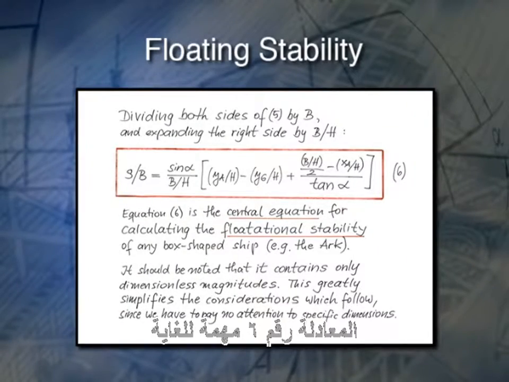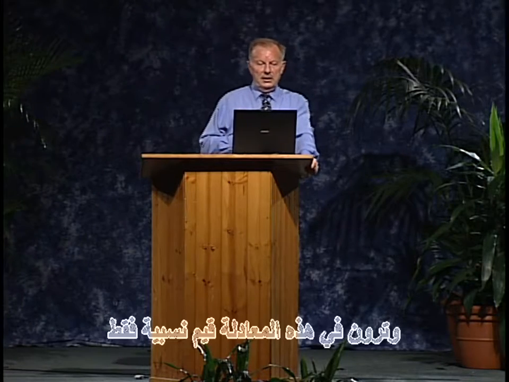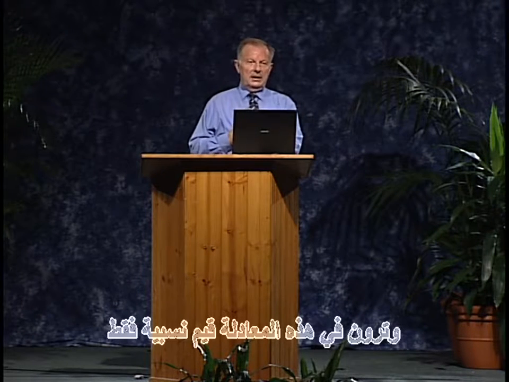This formula, number 6, is a very important equation. It's a central equation for calculating the floating stability of any box-shaped ship. And you see in this formula there are only related values.